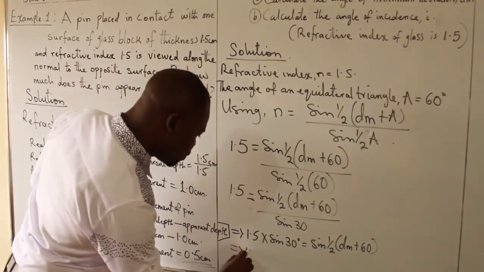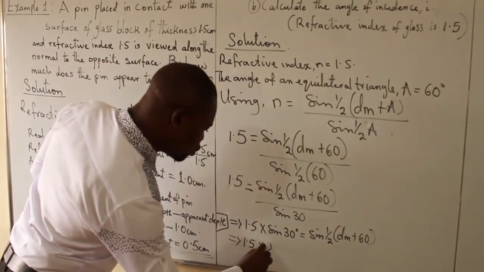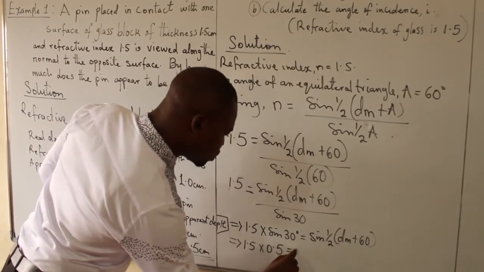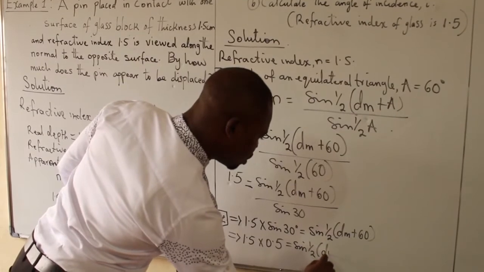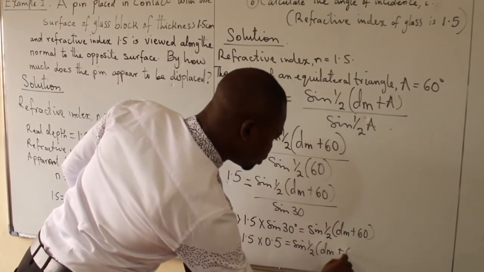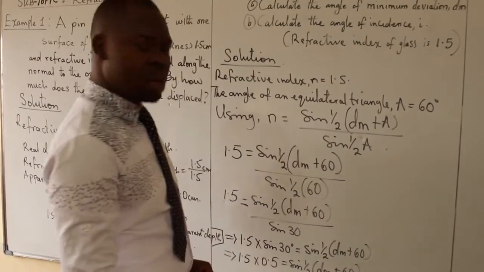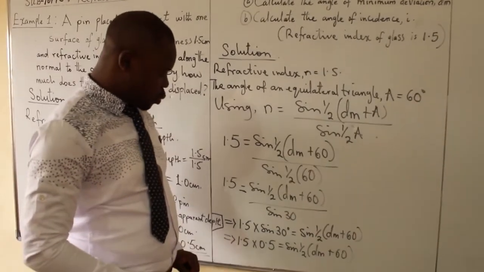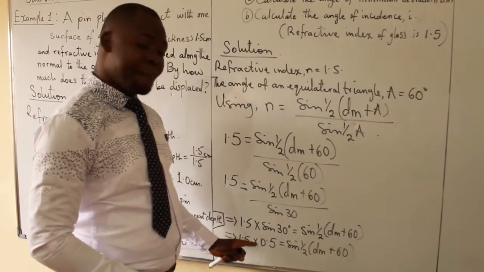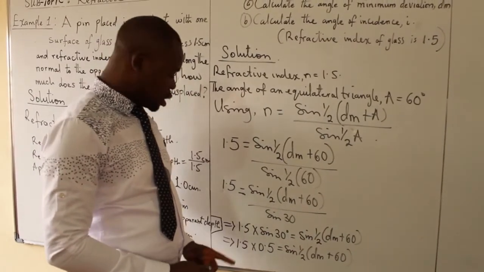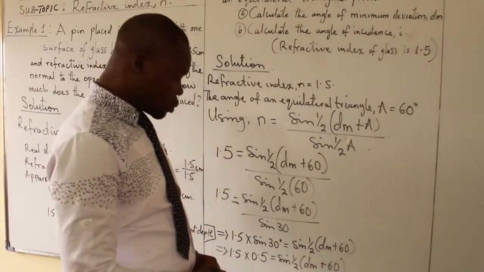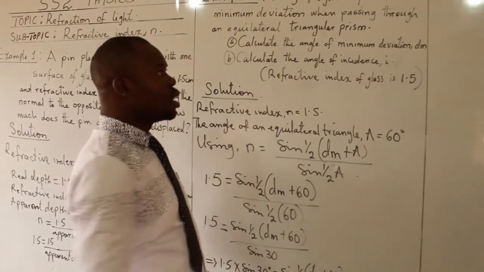So we have 1.5 times 0.5 equals sine 1/2 bracket minimum deviation plus 60. If you multiply 1.5 by 0.5, you're going to have 0.75.